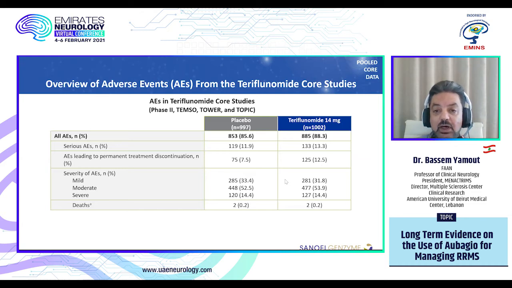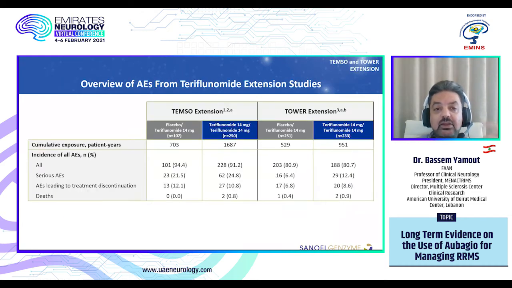And if we look at the long-term extension studies, as I mentioned, we followed them between 5 and 10 years, again comparing placebo to teriflunomide in the TEMSO and the TOWER trials. Again, if you look at the serious adverse events here, 21% and 24% between placebo and teriflunomide, and here 6 and 12%.